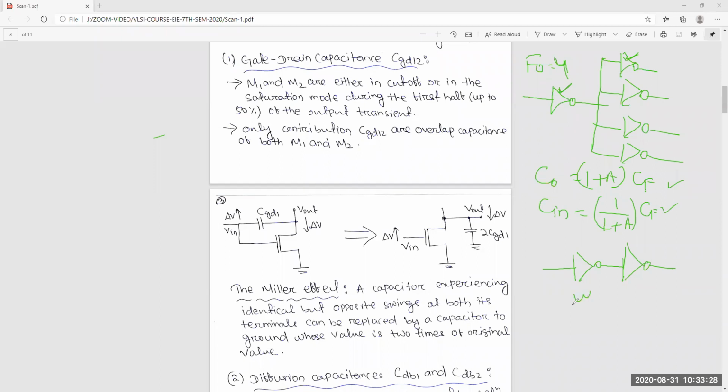Here the W by L ratio, suppose this is 1, L is constant, so this one is 4W. It's 4 times, so you can also say it's a fan out of 4. Inside those transistors, W is 4 times that of the inverter in the first stage. Here we can also say the fan out is 4.